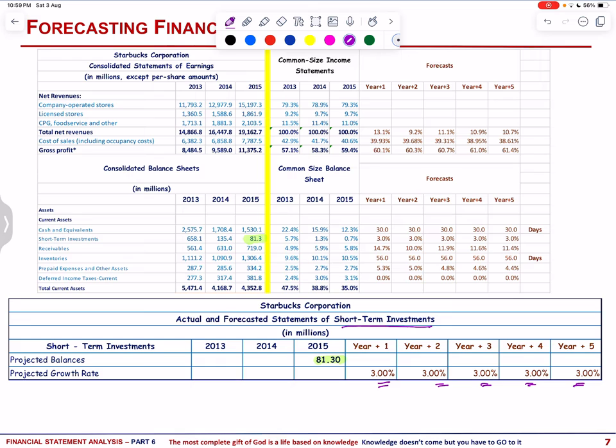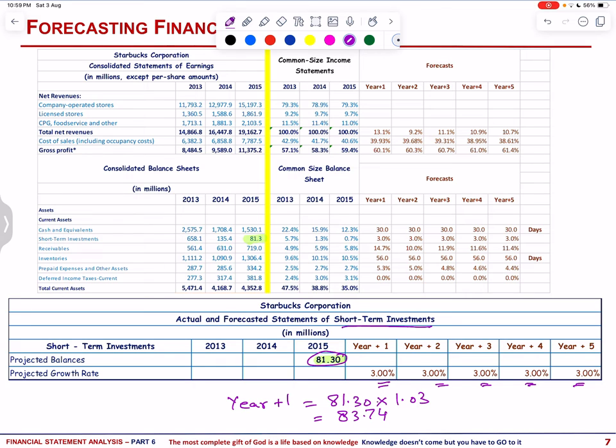So the projected short-term investment for year number 1 will be the short-term investment balance for 2015, that is 81.30 times 3% increase growth, that is 1.03. So this will be 83.74.